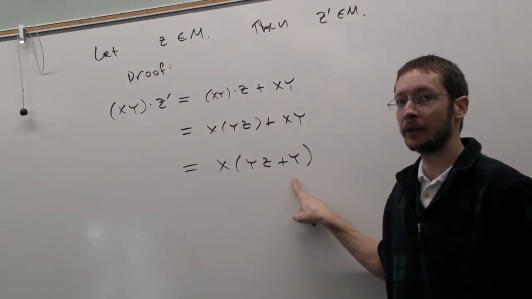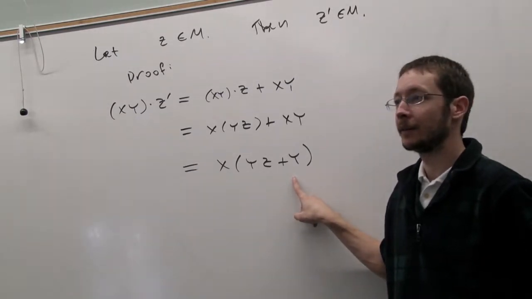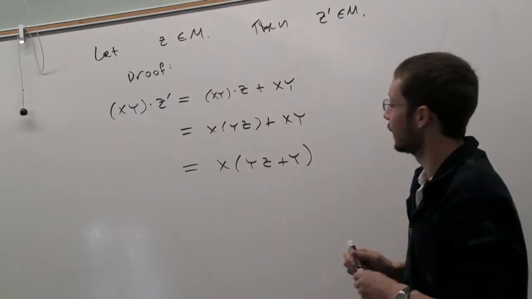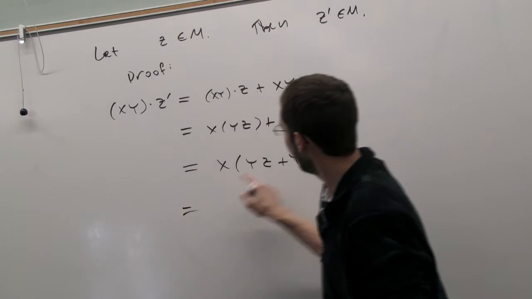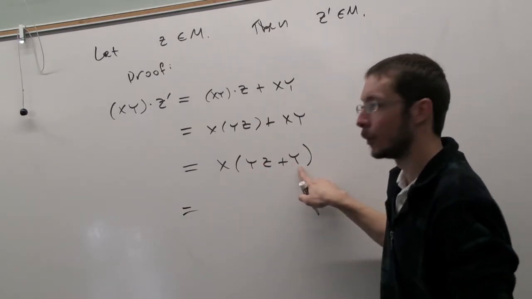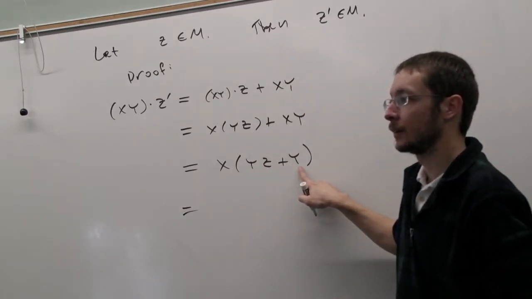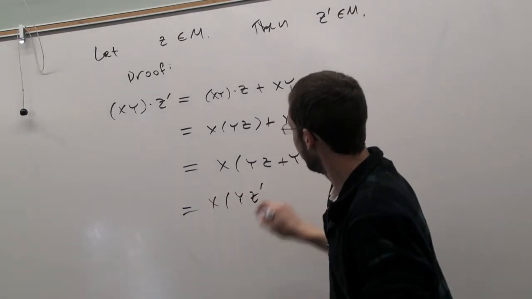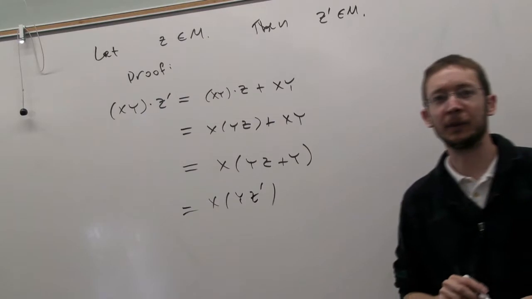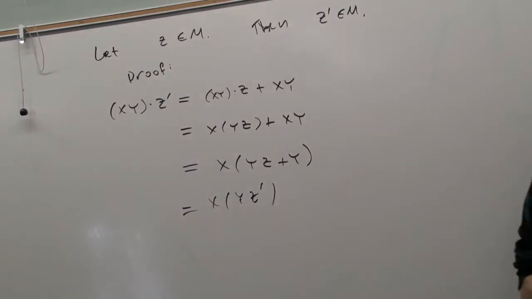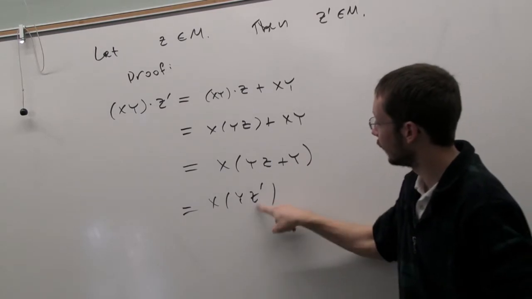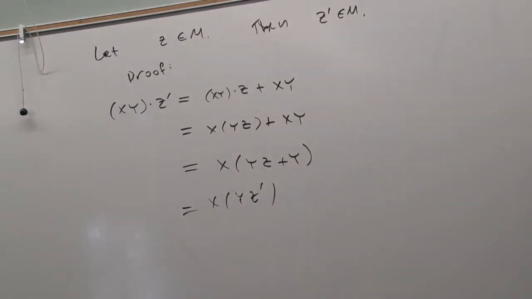So how many copies of y do we have? We have z copies of y here, and then we have one more in addition to that. So we have z successor copies of y, right?